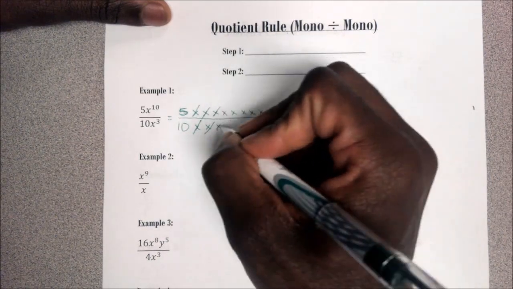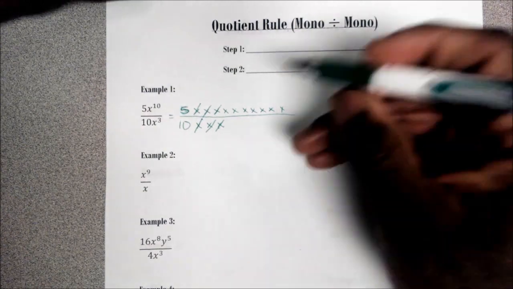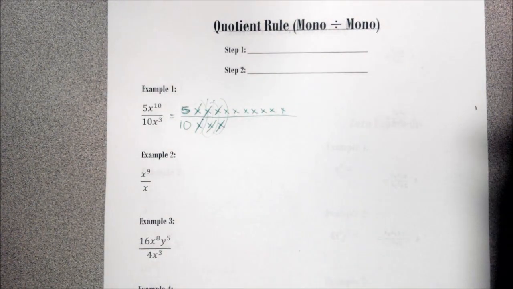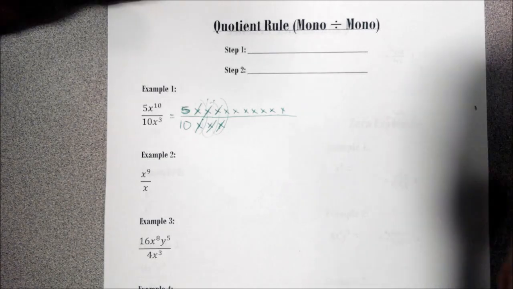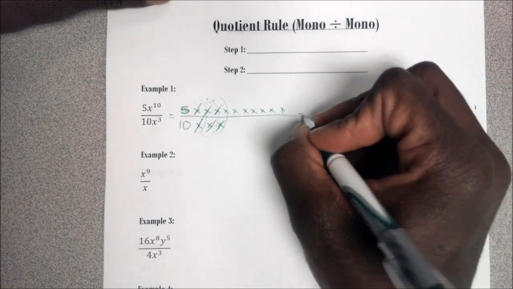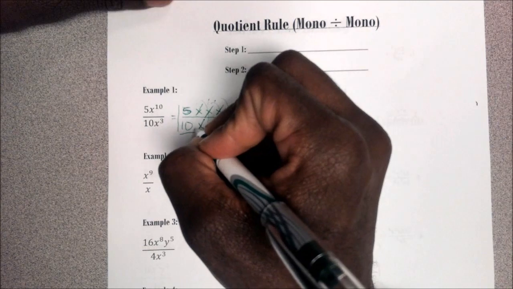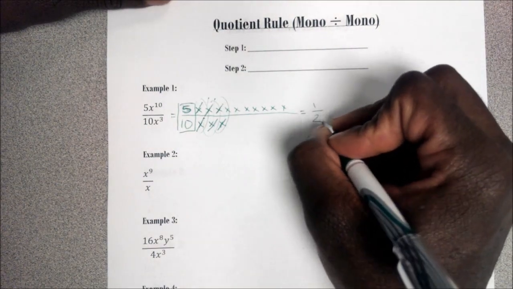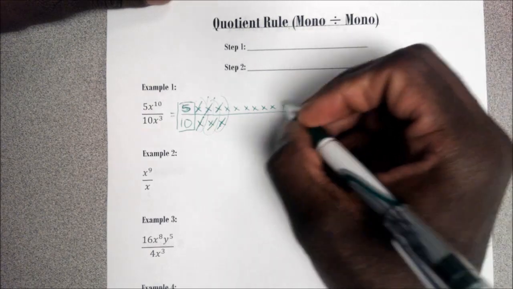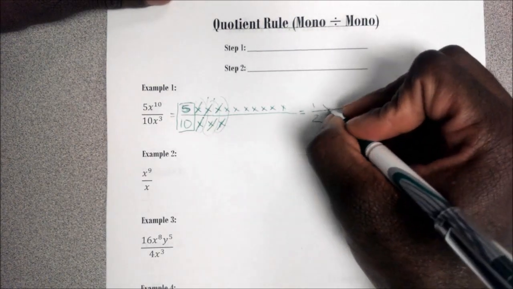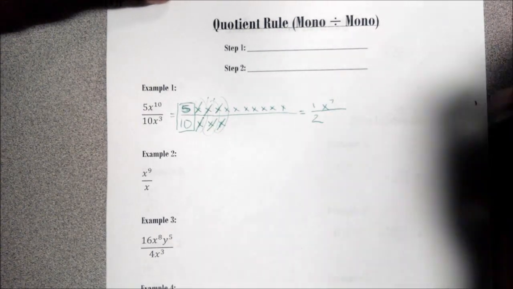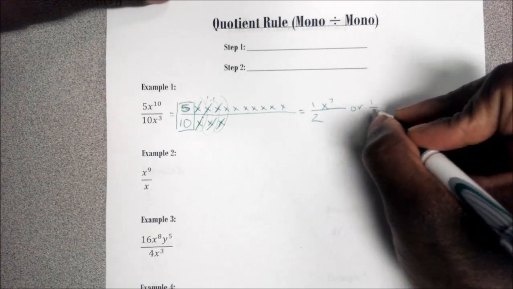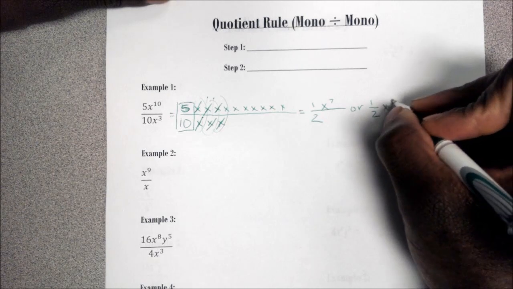So 1, 2, 3, we have 3 pairs. So we have 1 times 1 times 1, which we don't have to put because 1 times anything is 1. So we're left with, now we simplify the coefficients, which is going to be 1/2. And at the top we still have 7 x's, so that's x to the 7th. So you can also write it as 1/2 x to the 7th.